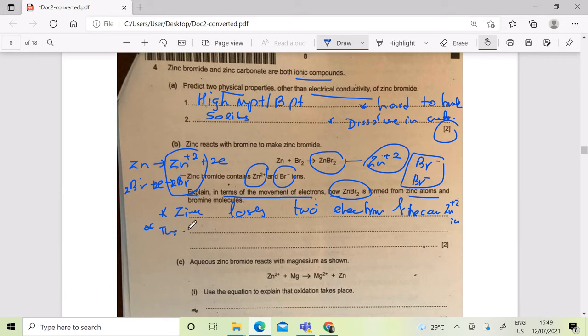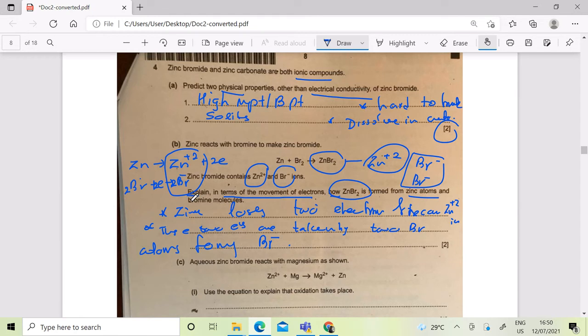These 2 electrons are taken or gained by 2 bromine atoms, forming Br minus.